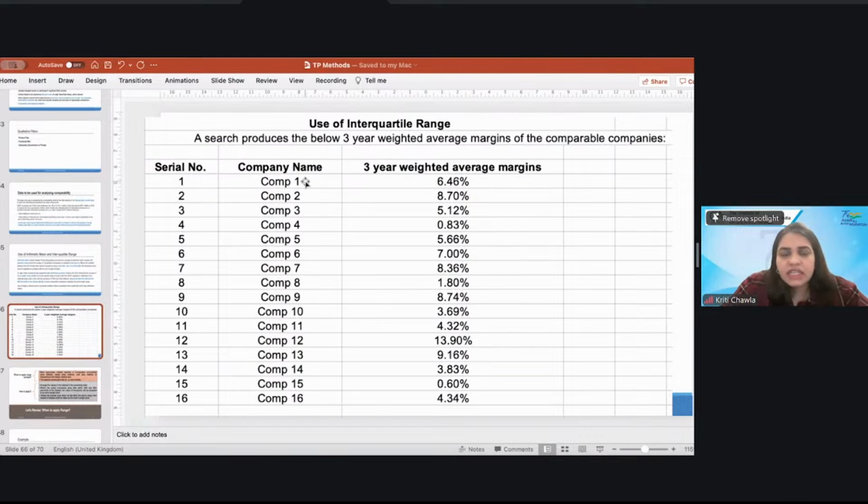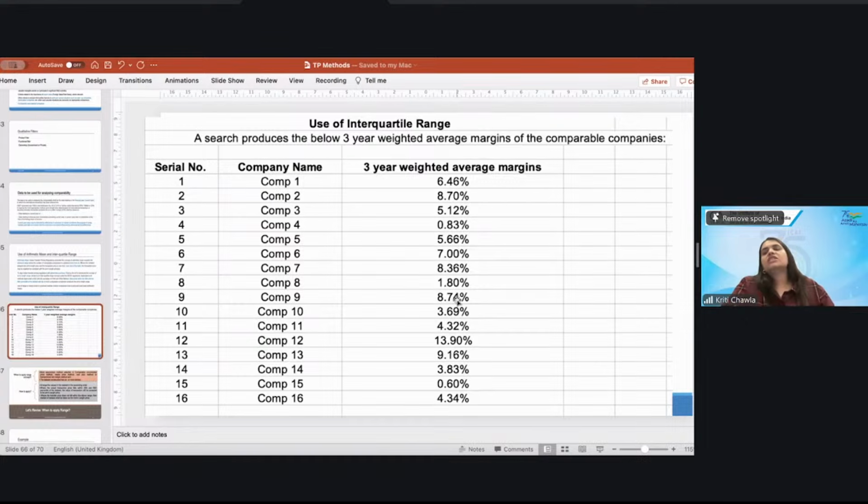The names of the companies are mentioned here, company 1, 2, 3, 4, till 16. And these percentages are the margins. These are 3-year weighted margins. So for year 1, year 2, and year 3, we have computed the weighted average margin of 3 years, and this is the result that we have gotten.